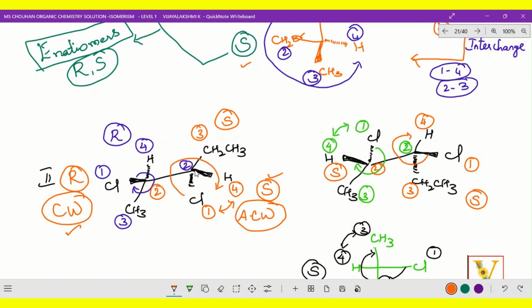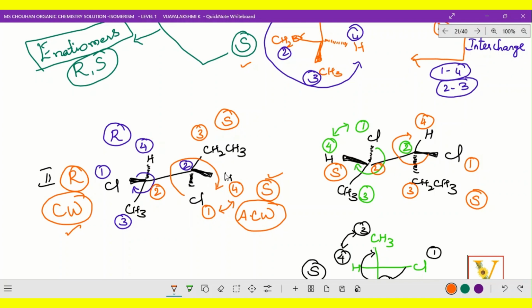Now we'll go to the next carbon, first carbon and second carbon. Here chlorine is first priority, but it is mentioned in the dash position, whereas the fourth priority hydrogen has to be in the dash.